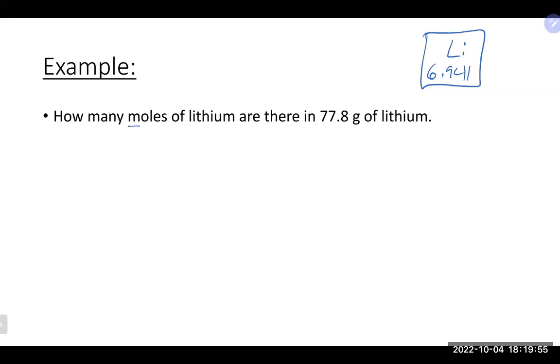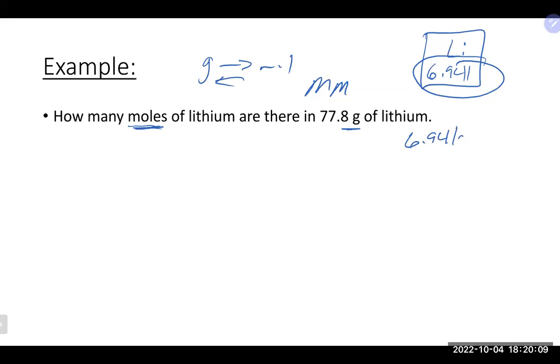Okay, so once again here, we got moles, we got grams. So again, we're just really doing a grams to moles type of conversion. So once again, that's going to be our molar mass from the periodic table. That again means 6.941 grams per mole, or a mole is 6.941 grams.